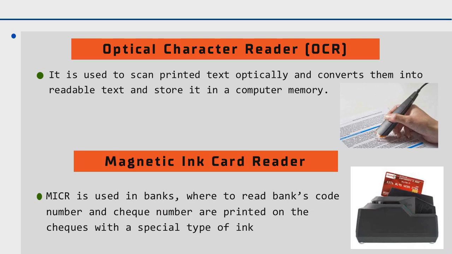Optical character reader, OCR. It is used to scan printed text optically and convert it into readable text and store it in computer memory. Magnetic ink card reader. It is used in banks where the bank's code number and check number are printed on the checks with a special type of ink.